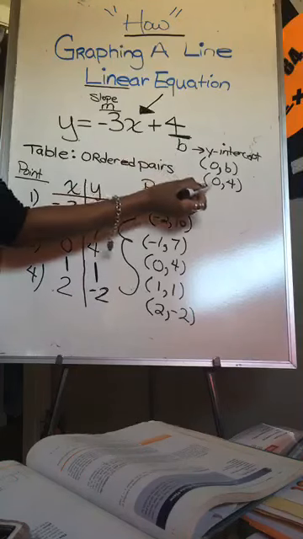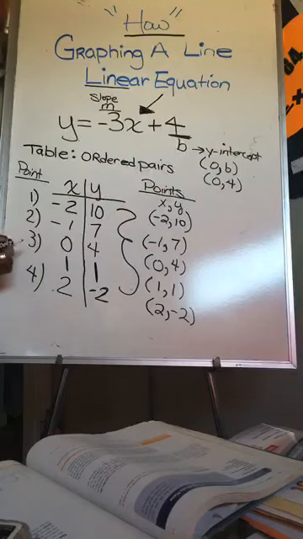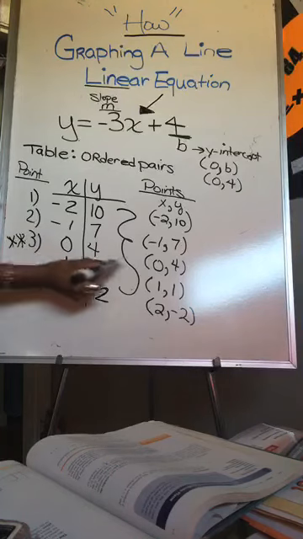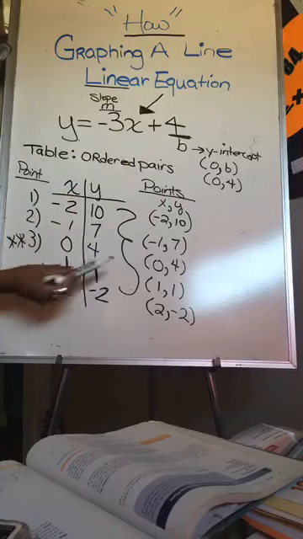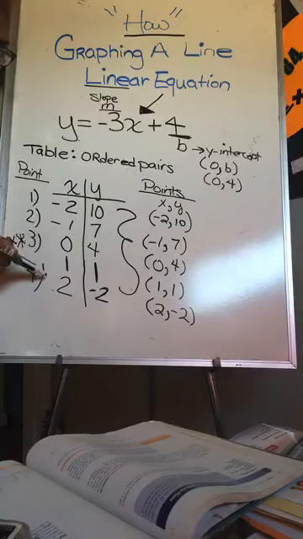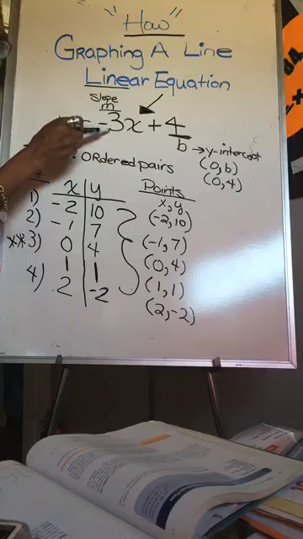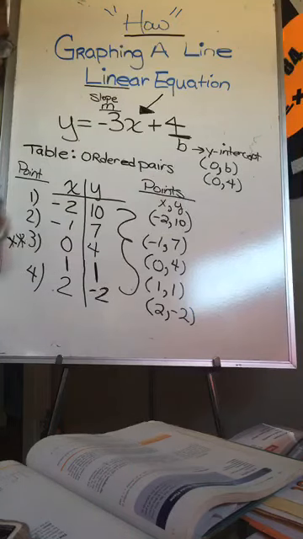All right, and I'm going to show you something here. You see where this is 0, 4? This is your y-intercept. Look what we have at point 3. What do we have? 0, 4. So that means that's where it should intersect or intercept the y-axis. So that means my calculation is right because I confirmed it by plugging in my values for x into this equation, and it matches, okay?